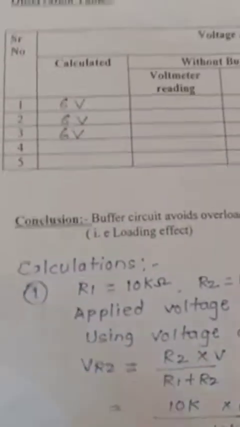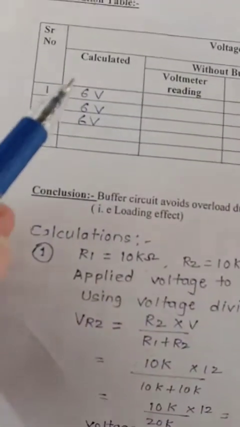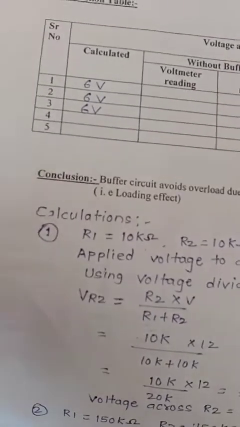So right here we calculated the voltage across R2; by calculation we get 6 volt for these 3 voltage divider branches.